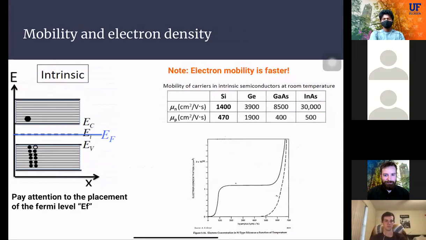Now that's really important. You see the curve down below. It shows temperature against electron concentration for a semiconductor. This curve is for silicon.